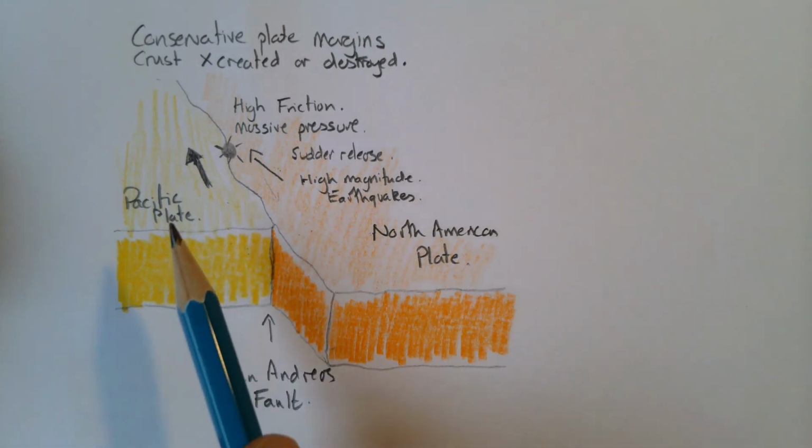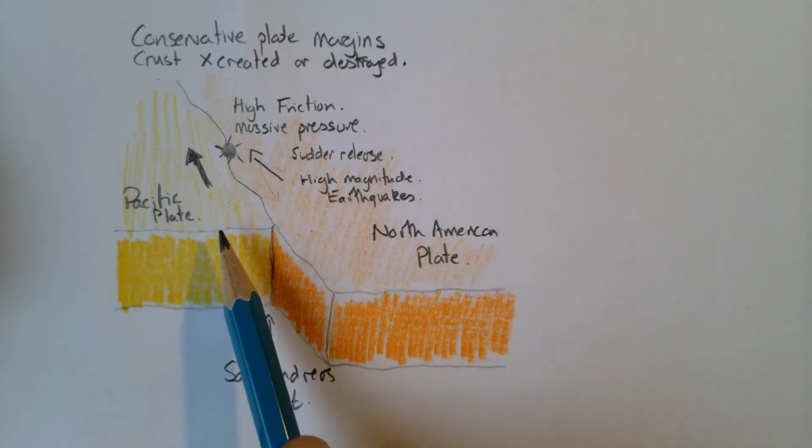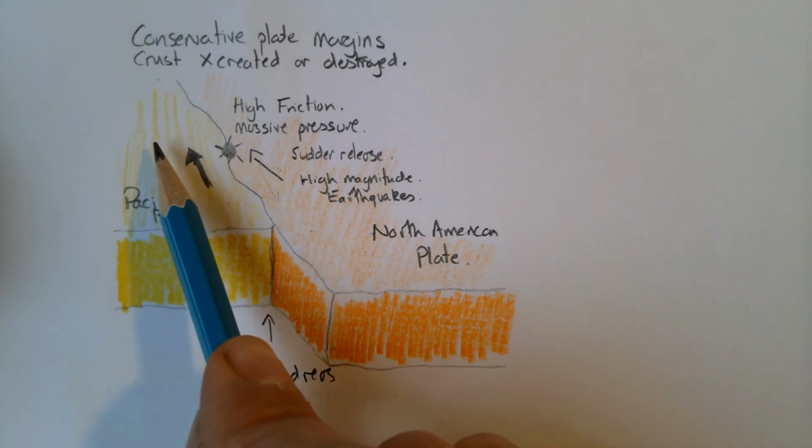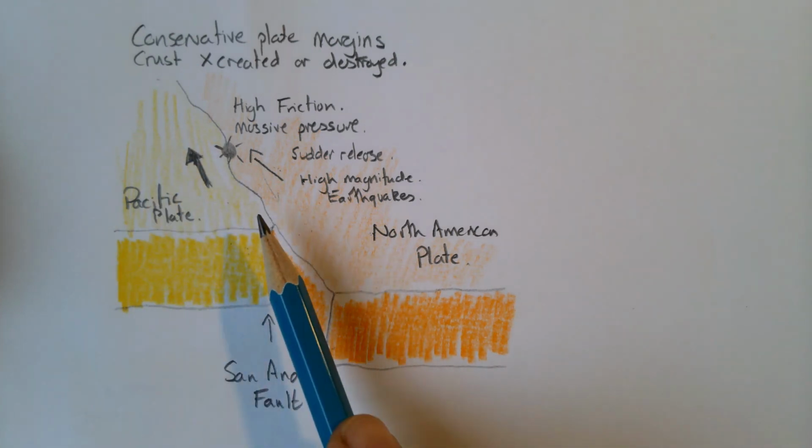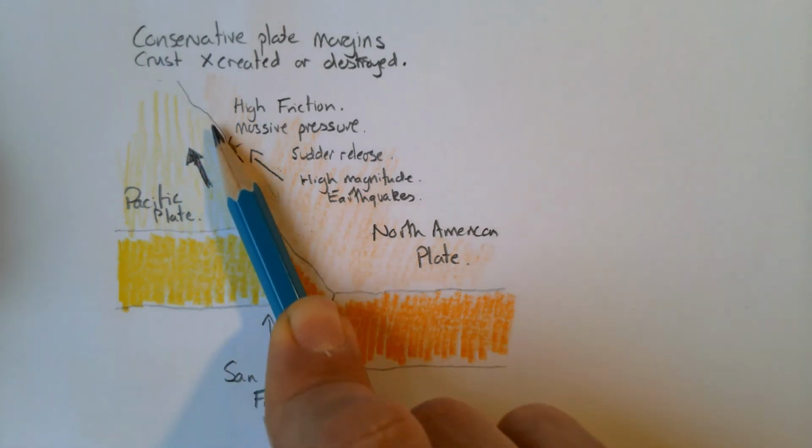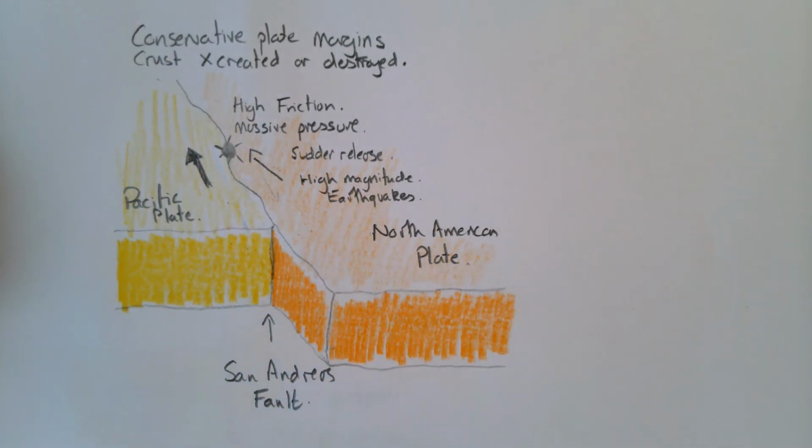Once again, the Pacific plate is moving at a faster rate to the northwest than the North American plate, and so is sliding past the North American plate.